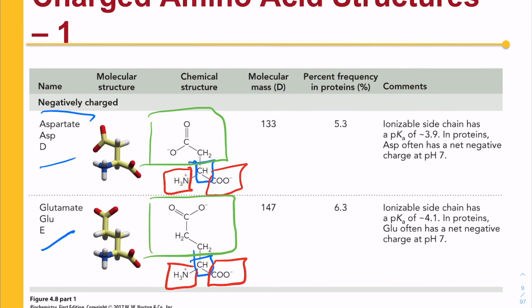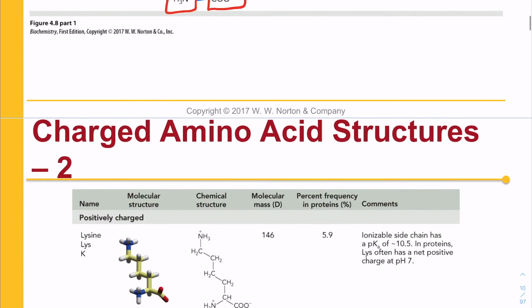And if you note, for aspartic acid, you have a methyl group, and then you have a carboxylic acid group. And for glutamic acid, you have two of these methyl groups and then the carboxylic acid group, right? So both of these negatively charged amino acids have a carboxylic acid group in their R structure.